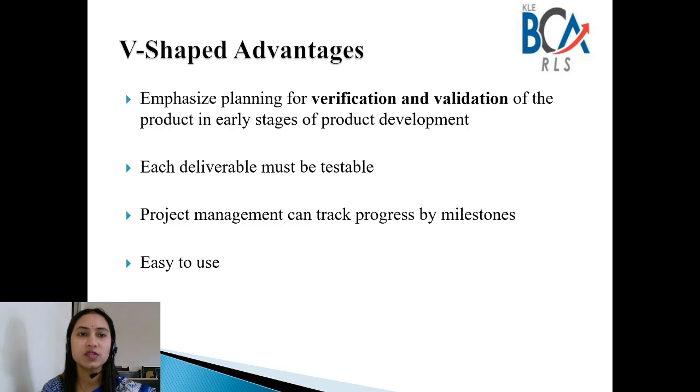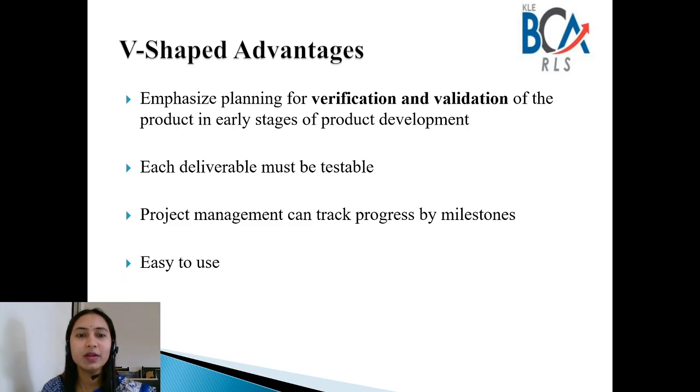The advantages of the V model: it emphasizes planning for the verification and validation of the product at an earlier stage. As you start your development, you also start your testing, so verification and validation happen at the same time. So you get enough time to have your product deliverables earlier.